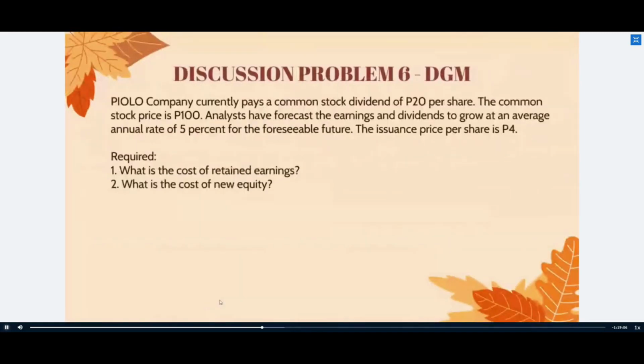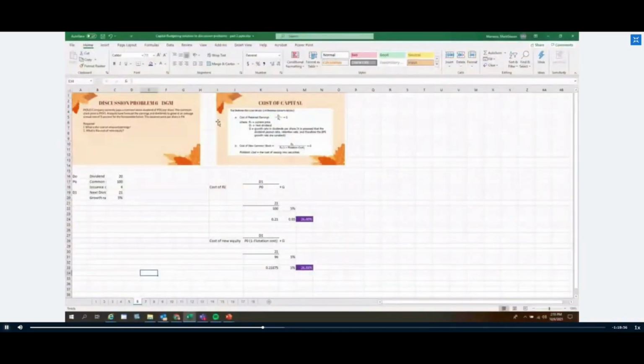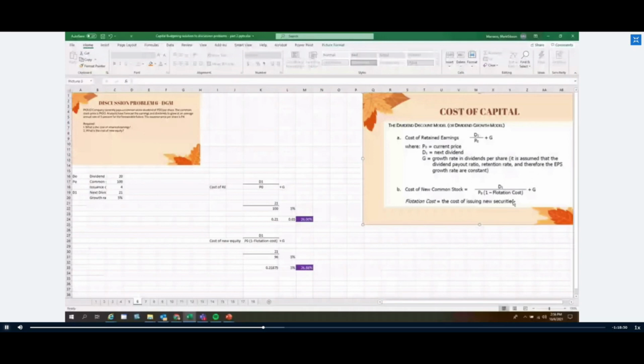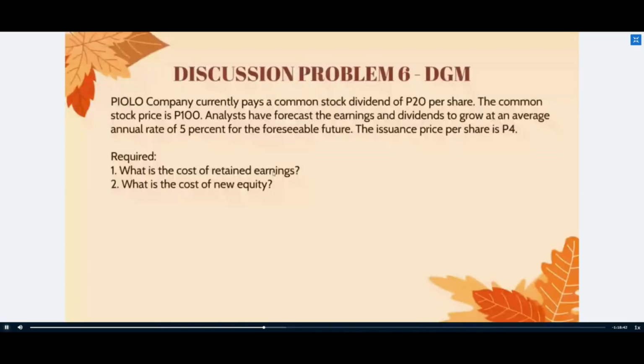Now let's have problem number 6. This time, let's apply the concept of DGM. Sabi natin, DGM or the dividend growth model, paano daw yan? Paano ang pag-compute ng DGM? So basahin natin yung problem. Piolo Company currently pays a common stock dividend of 20 pesos per share.